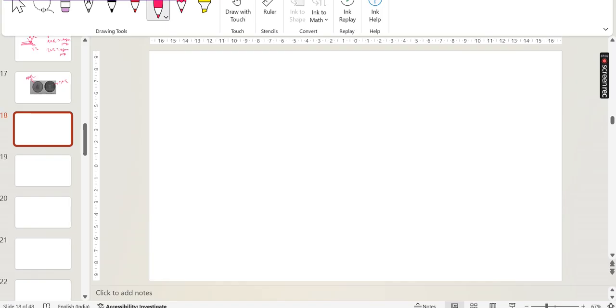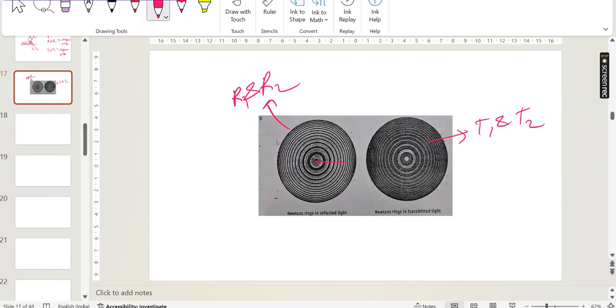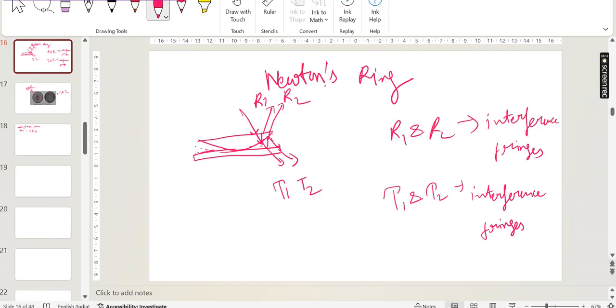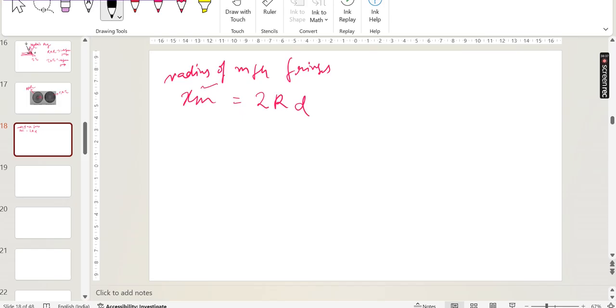The radius of the nth fringe, xn, is given by xn squared equals 2RD, where R is the radius of curvature of the lens and D is the thickness of the air film.